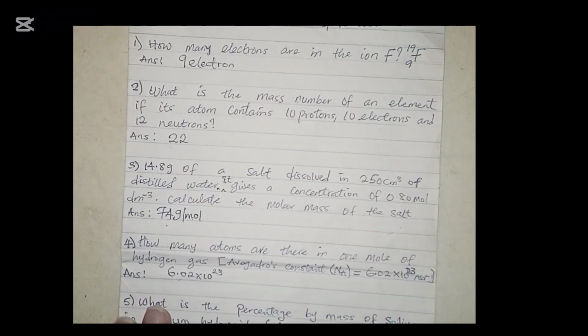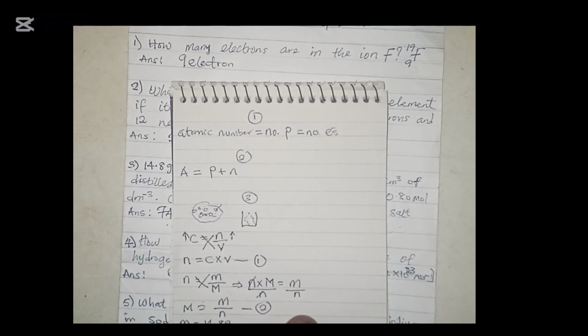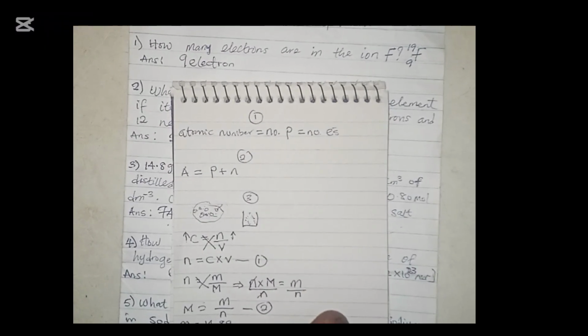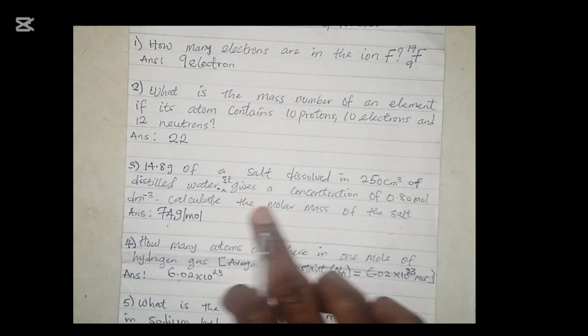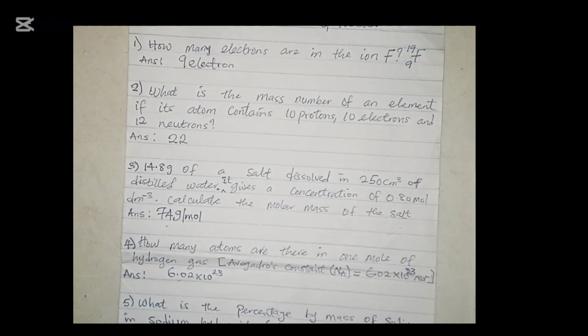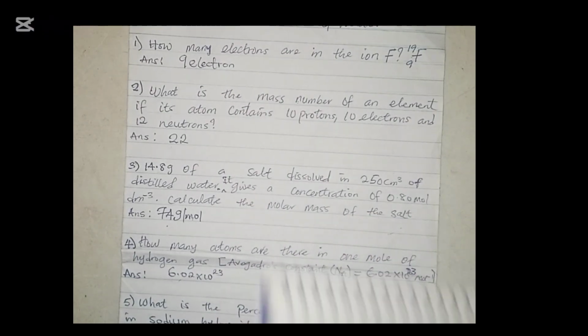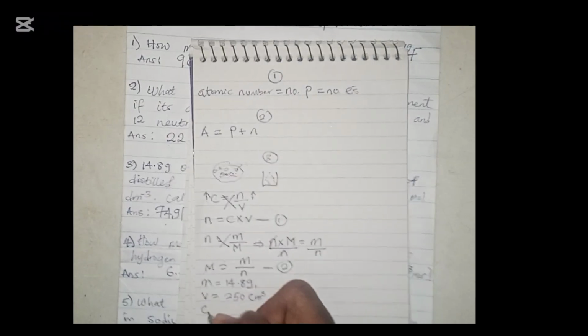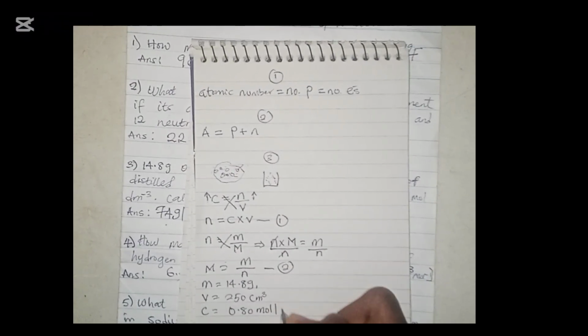That means the volume is equal to 250 centimeter cube. And what else were we given? We're given a concentration of 0.80 mole per dm cube. So we take our concentration to be 0.80 mole per dm cube.